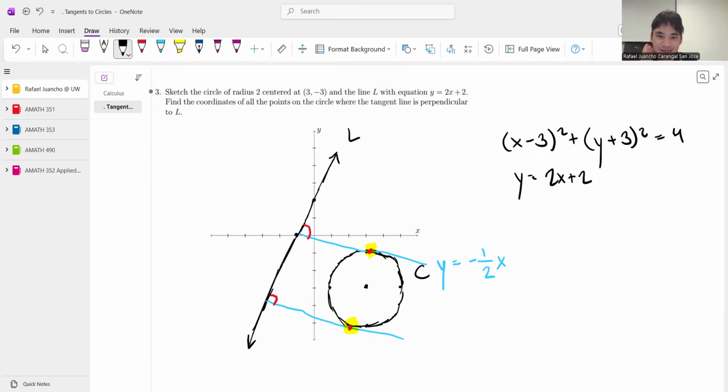So the point is actually 3, -1. This is why I have to label my stuff. The point here would be, what's the point here? Oh shoot, no, no, no. I actually don't know. Whoops. My bad. I can't assume that. Let me think.